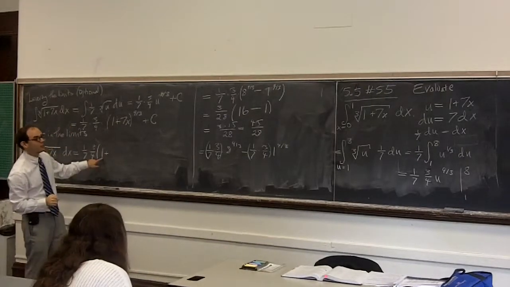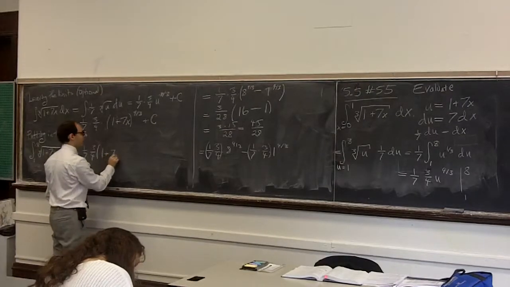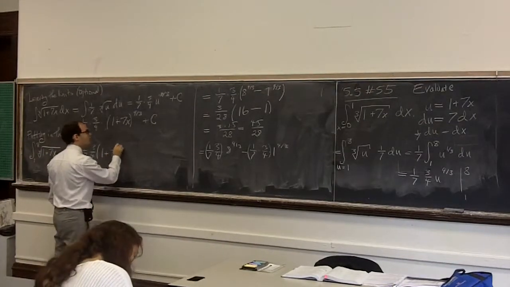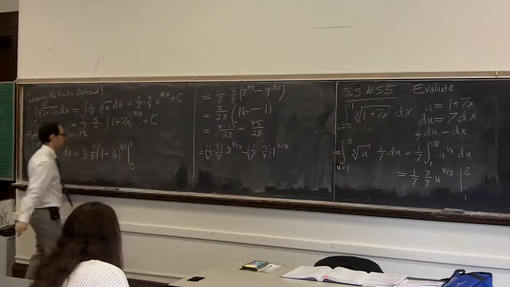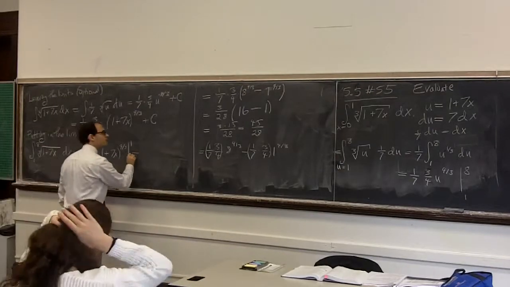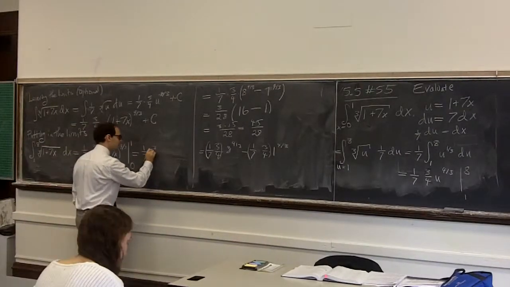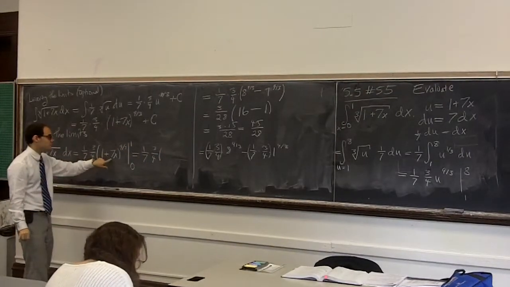What is my upper limit? My upper limit is x equals 1. And my lower limit is what? Yeah. So this is the situation I'm in. But if you do this, you look at it and say, oh, well, what's 1 plus 7?